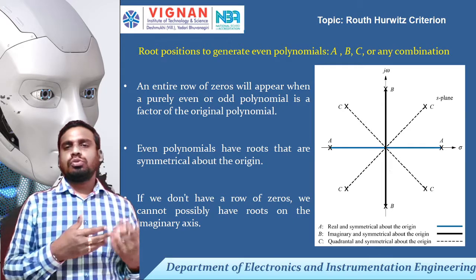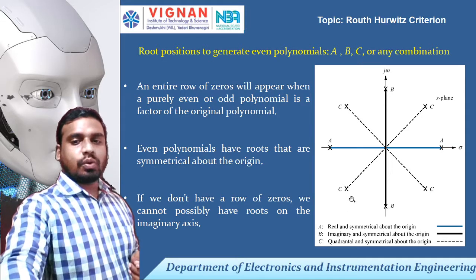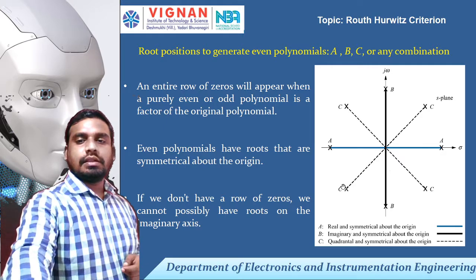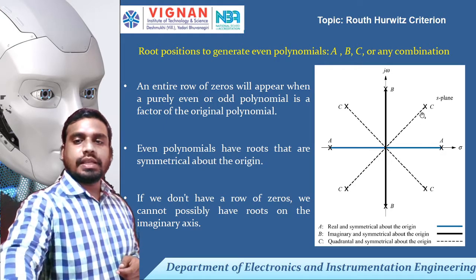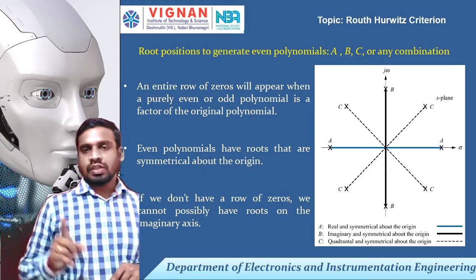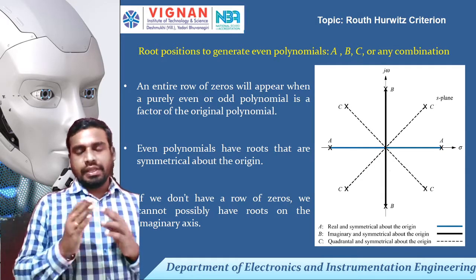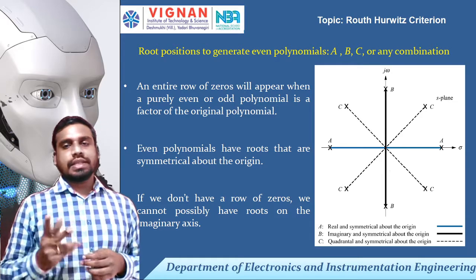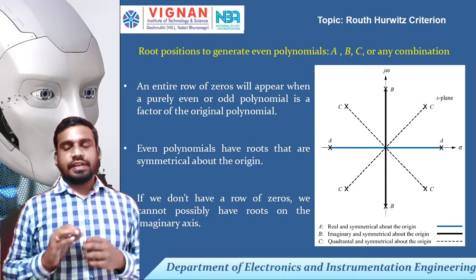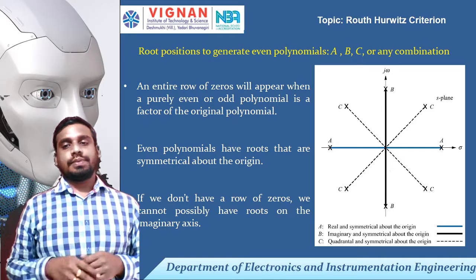But if you observe C, it is real and symmetric, having the same reciprocal, and C is lying on the right hand side, so it is unstable. So in these three cases, A, B, and C, there is a chance that B can become stable. But in the other two cases, A and C, the system is definitely unstable because it has poles on the right half of the s plane.